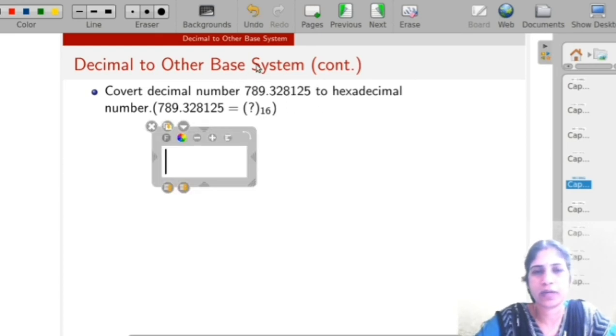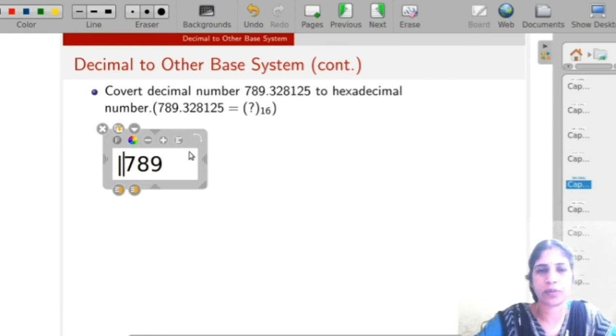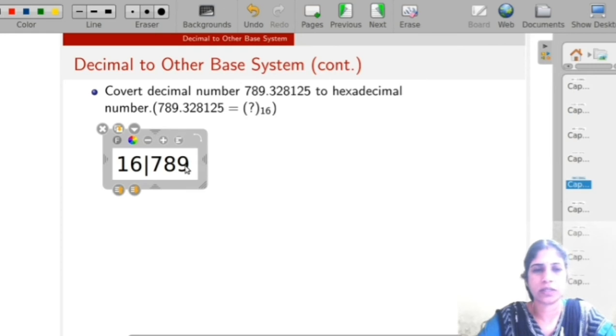So the given decimal number is 789.328125. First we take the integer part. The integer part is 789. It is divided by 16, because our aim is to convert the decimal number to a hexadecimal number. The base of hexadecimal number is 16.